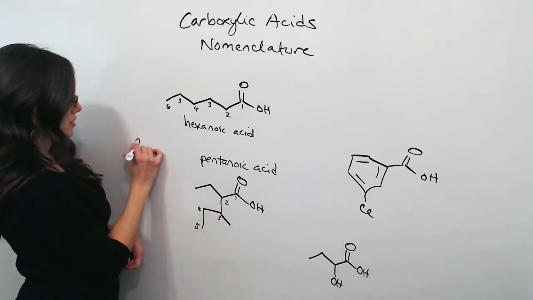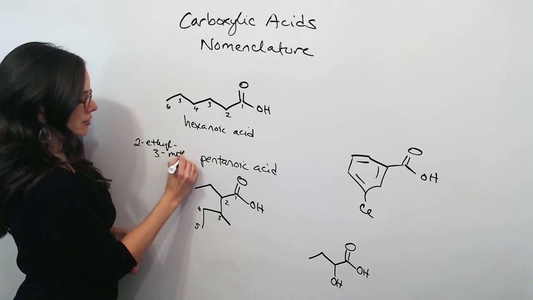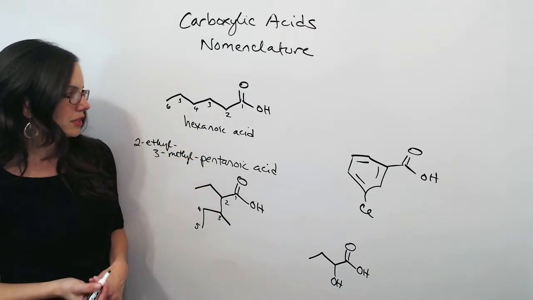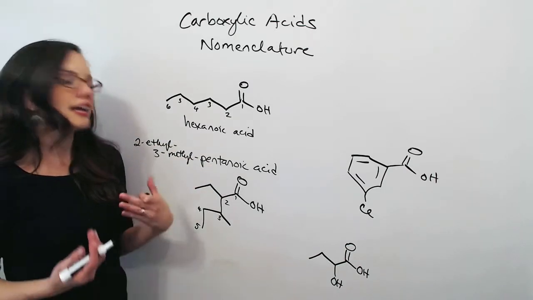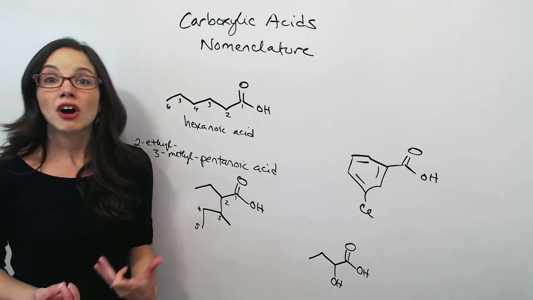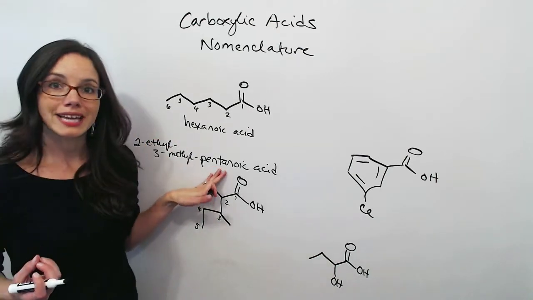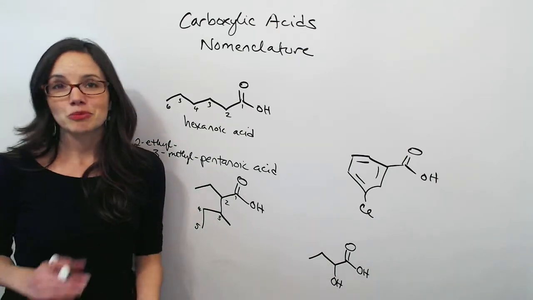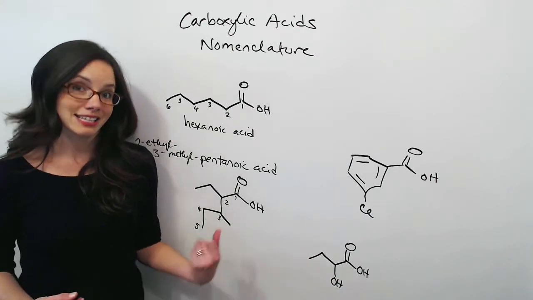So we'll call this 2-ethyl-3-methylpentanoic acid. And do notice that in both of these situations, I didn't say that the carboxylic acid group was on carbon 1. I didn't call it 1-hexanoic acid or 1-pentanoic acid. Your carboxylic acid group is always going to be on carbon 1. It's understood, so we don't have to indicate it in the name.